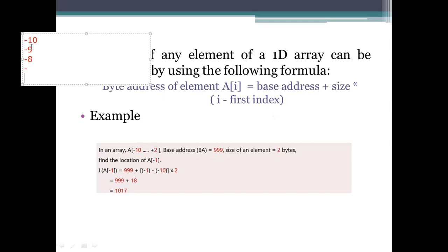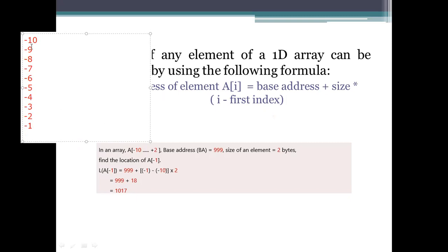We specified the number of elements as -10 to +2: -10, -9, -8, -7, -6, -5, -4, -3, -2, -1, 0, 1, 2. And where it has started, the base address is 999. Okay.